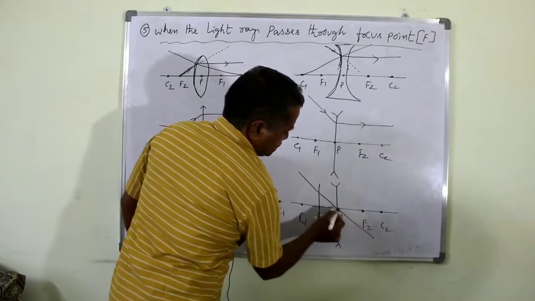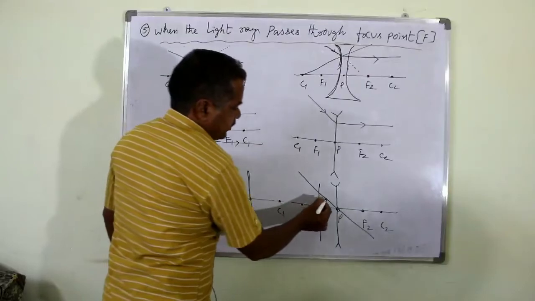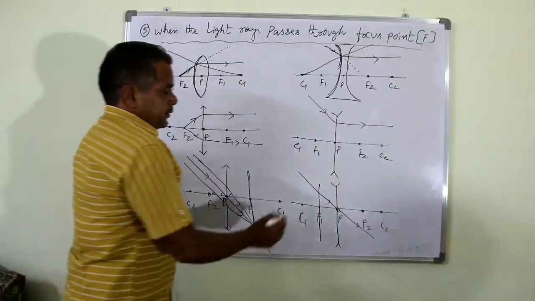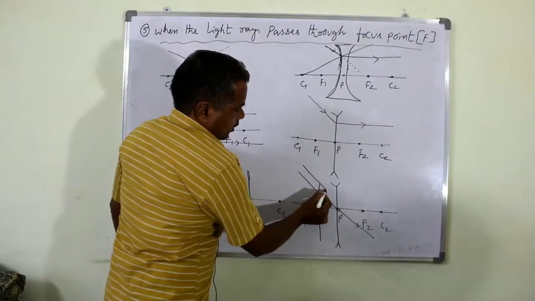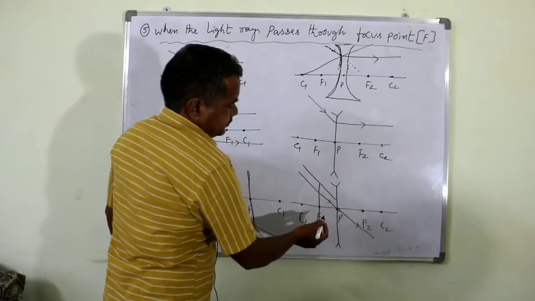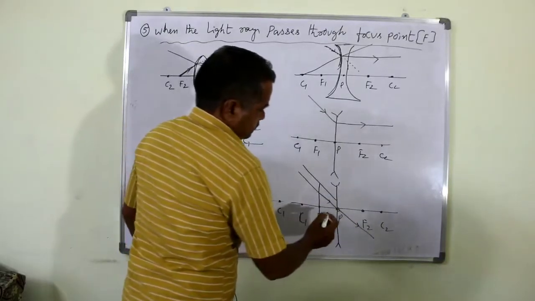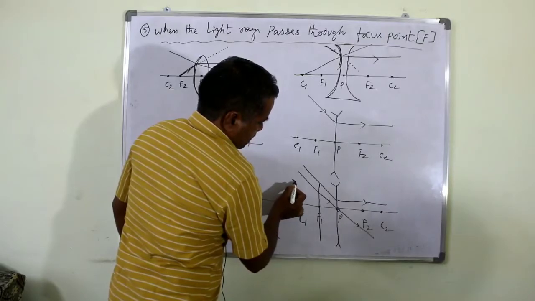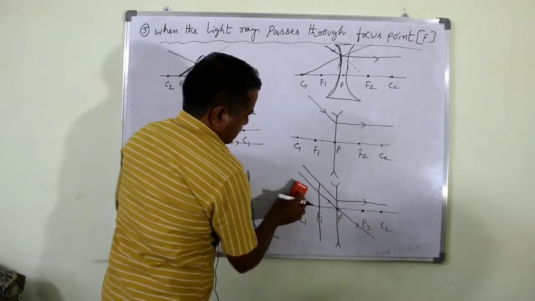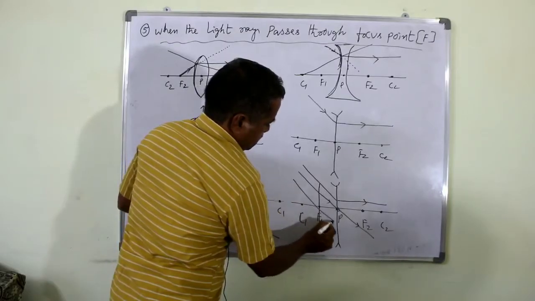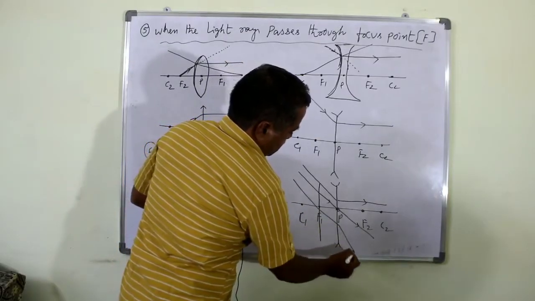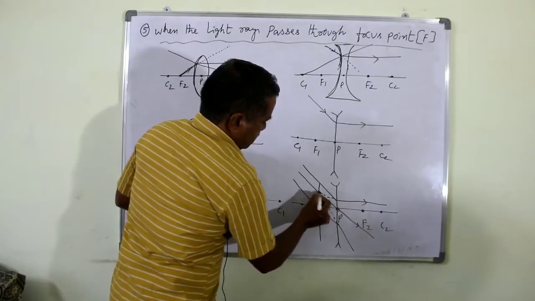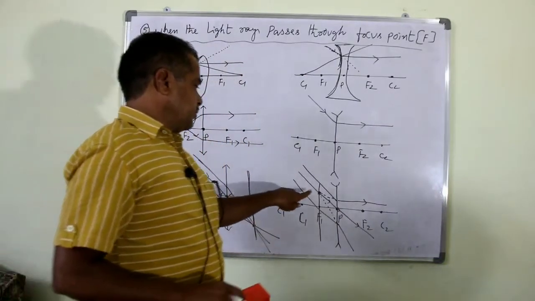The light ray which passes through the optic center, the corresponding refracted ray doesn't deviate its direction. Take another light ray. If you extend these refracted rays in the backward direction, all those light rays meet at one point on the plane of focus.